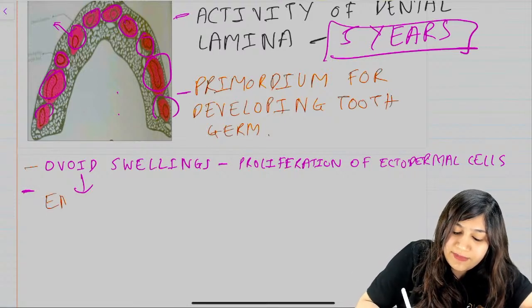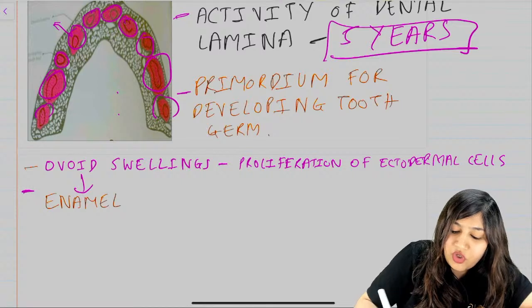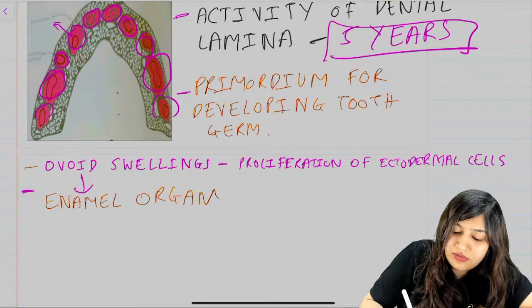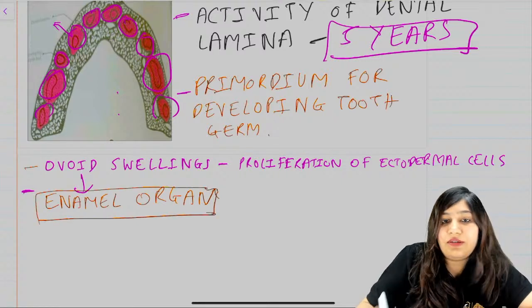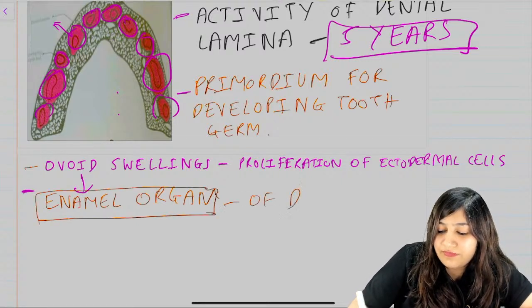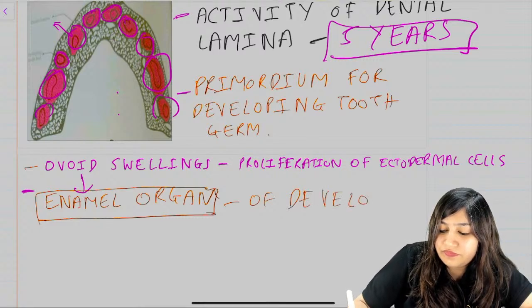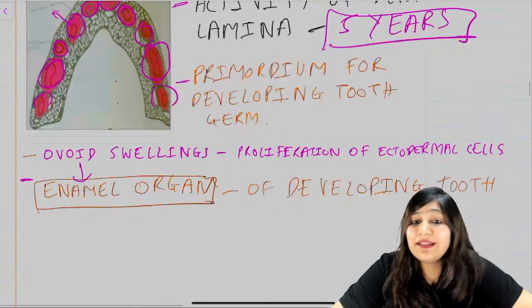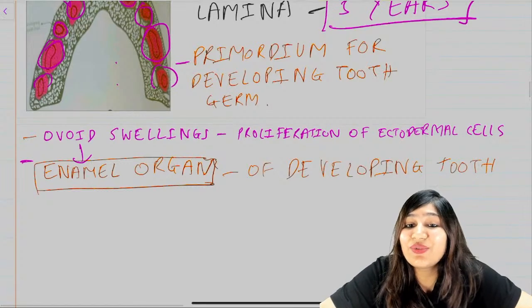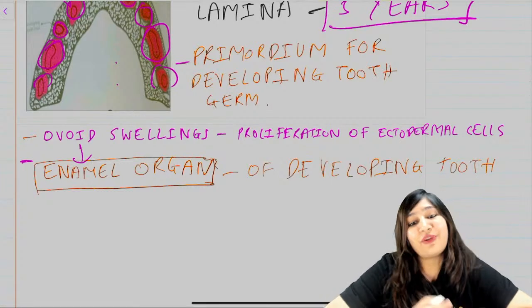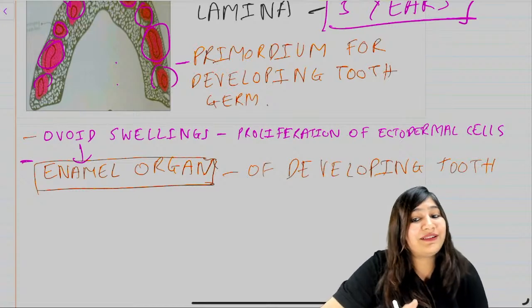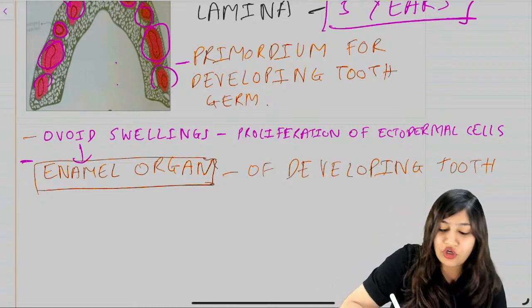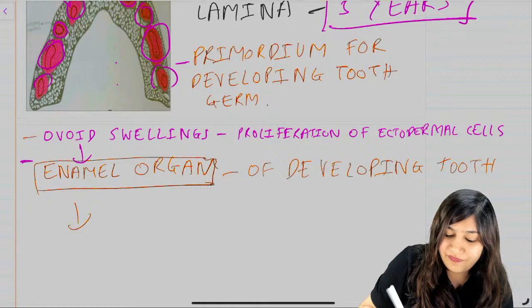These ovoid swellings mainly represent enamel organ for the developing tooth. To be more precise, this enamel organ leads to the formation of, from the word itself we can say, enamel. So enamel organ will lead to the formation of enamel.